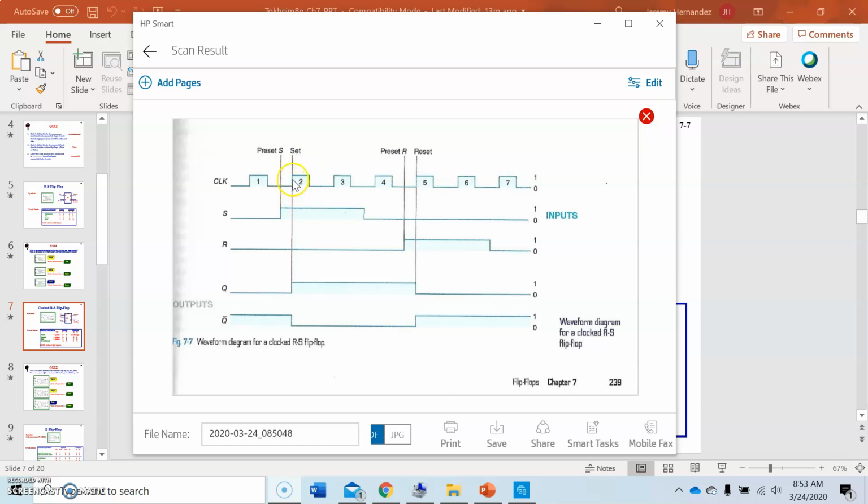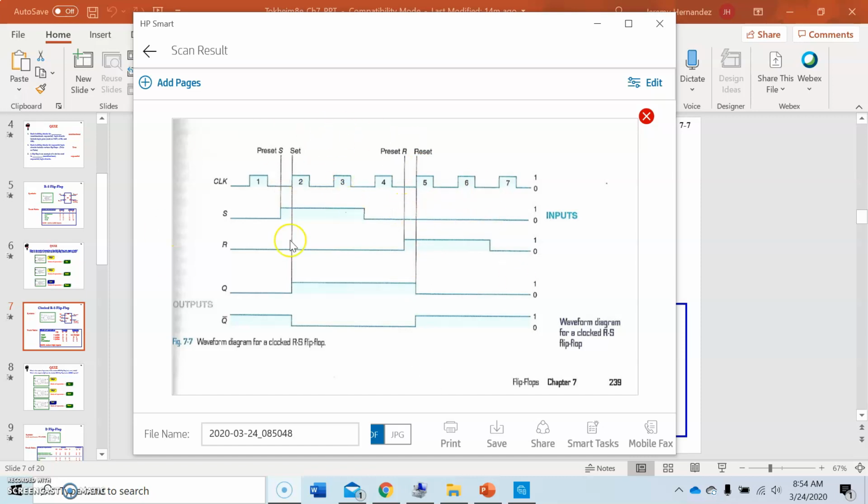So as the clock signal rises to high, that's when this Q state is going to change to its high, with a high at set. And the same thing happens with reset. When reset goes high, the state of Q doesn't change, it doesn't fall to low, until that rising edge of the clock signal.